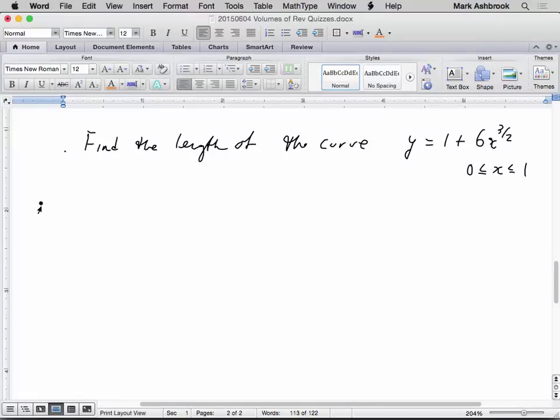Okay, so we just got our formula here. So we could also write this as y prime, right? dy dx is also y prime, is also, if it's given as a function, f prime. So given that I have y, I'm going to write dy dx as y prime. It's the exact same thing, right?